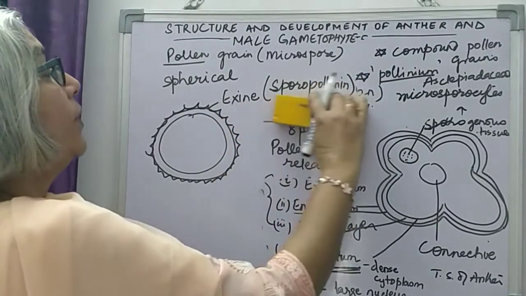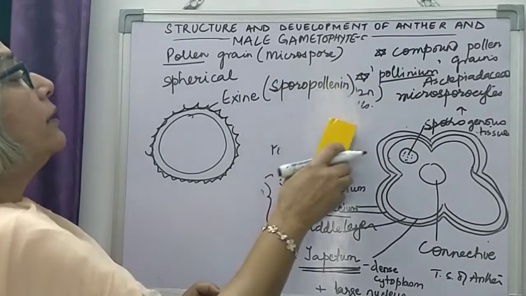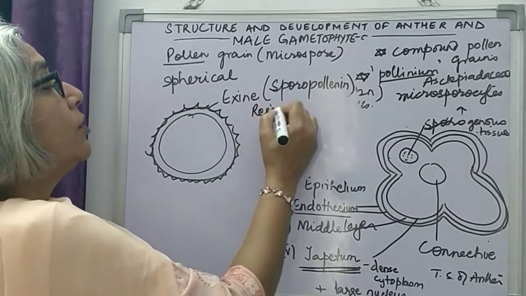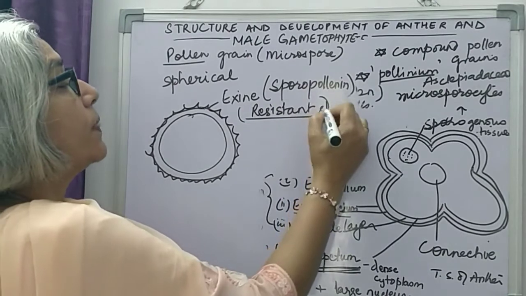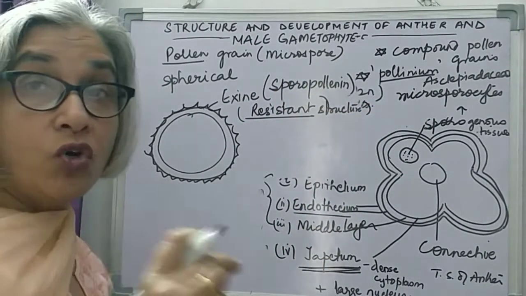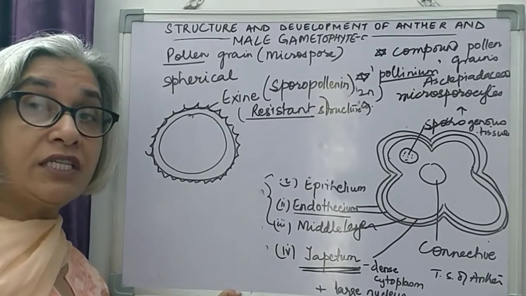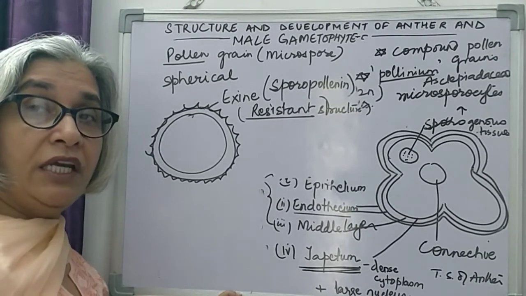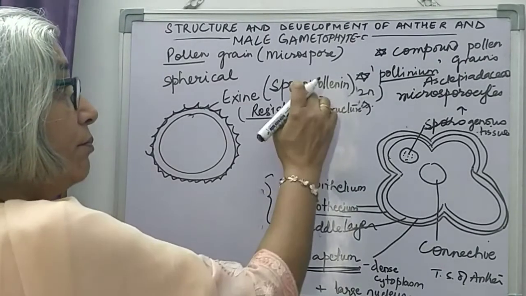This is a very important component of the pollen grain, sporopollenin, which makes it the most resistant structure. Biologically, sporopollenin is the most resistant material to survive the environmental conditions. That is why it can survive harsh environmental conditions like high temperature, acidic environment, alkaline environment, because of the presence of sporopollenin.